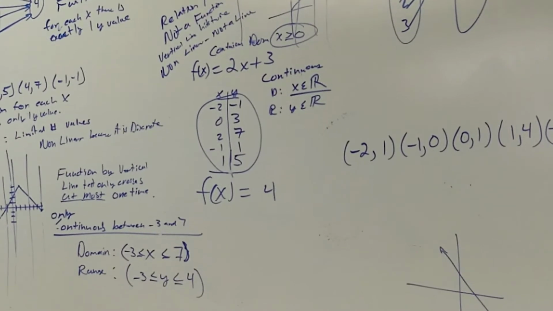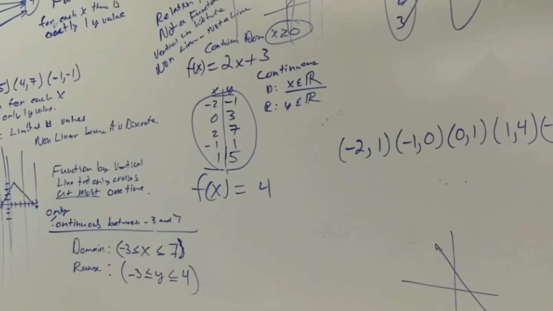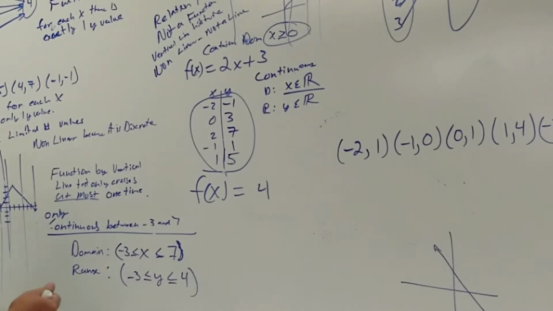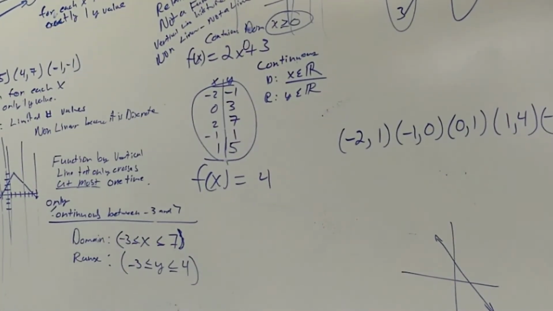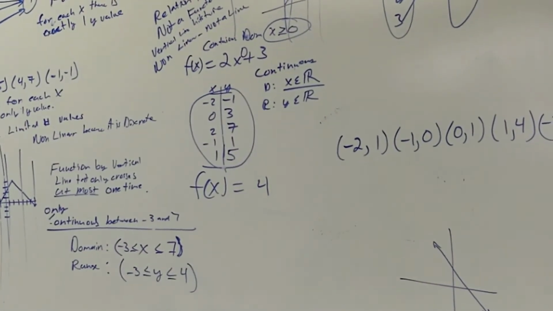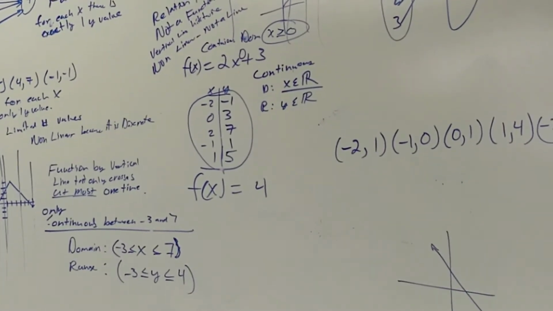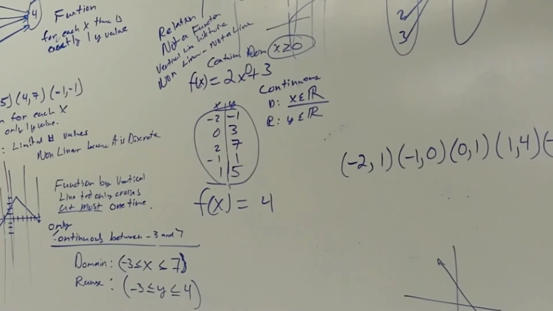Is it linear? There's a couple ways to tell. And this is what I'm going to show. Without graphing it, there's a couple ways to tell. First of all, and you want to write these in your notes. So here's ways you can tell something is linear. If the x is to the first exponent only, so x to the first, it's not x to the second, it's not x to the third.